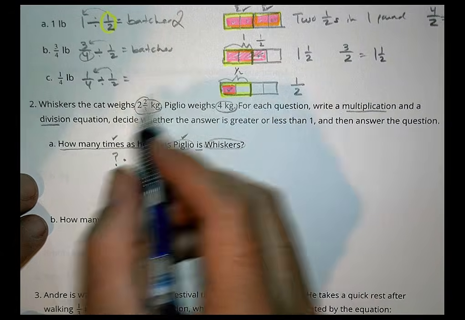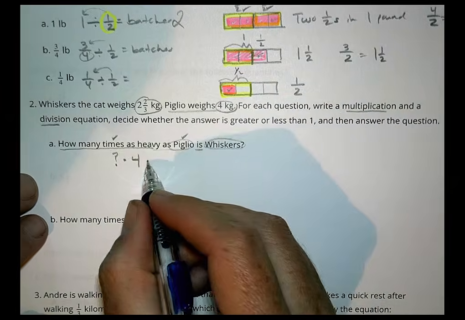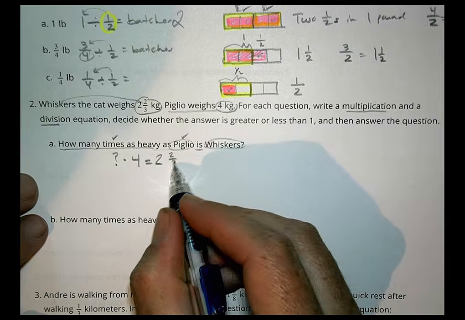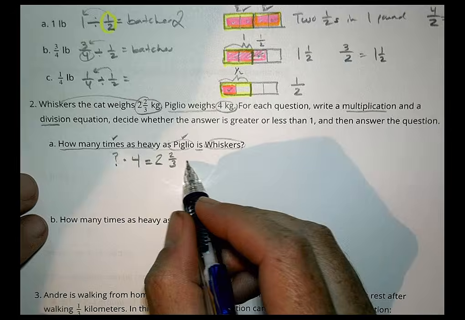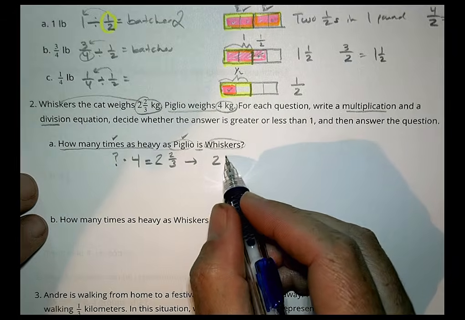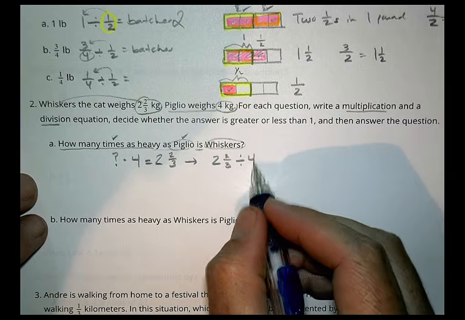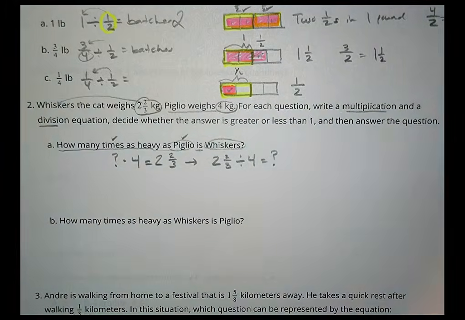So, how many times as heavy as Piglio? Well, Piglio weighs 4. Is Whiskers. Whiskers is 2 2/3. Or as a division problem, we could write this as 2 2/3 divided by 4 equals something we don't know. Okay?